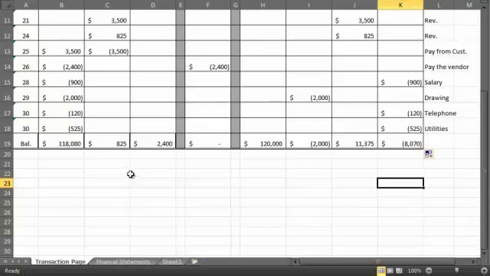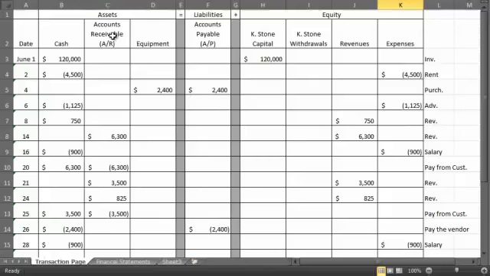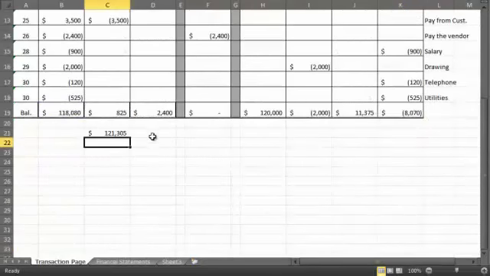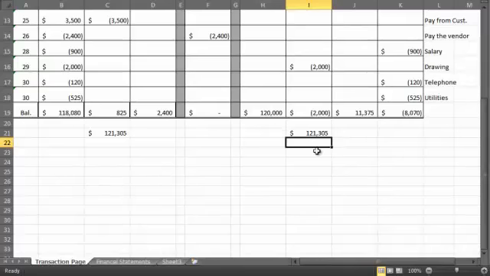So maybe we need to check to see if our accounting equation is still in balance. And remember, these three accounts here are assets, and of course our assets totaled up must equal liabilities plus owner's equity. And it looks like my assets total $121,305.